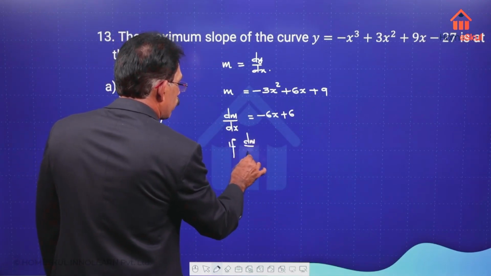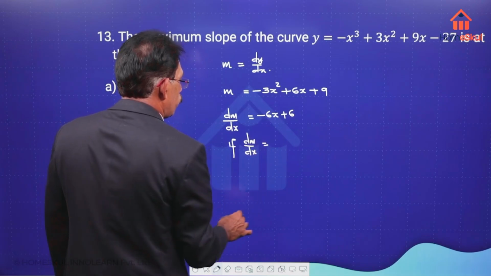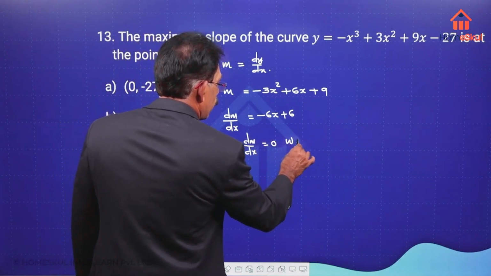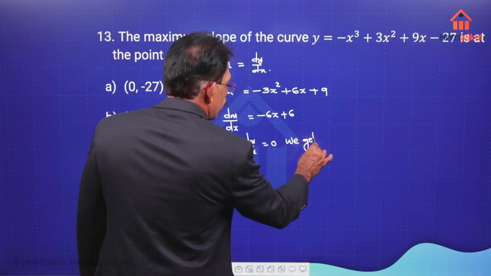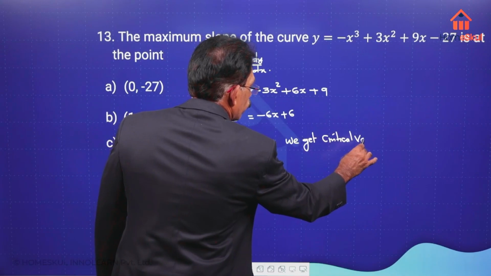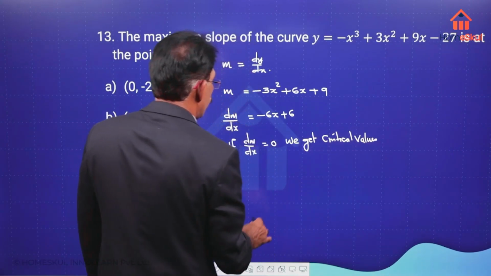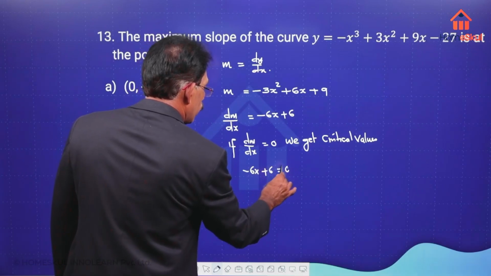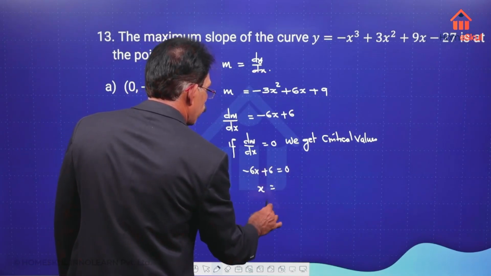If dm by dx is equal to 0, we get critical values. So minus 6x plus 6 is equal to 0. Then x is equal to 1.